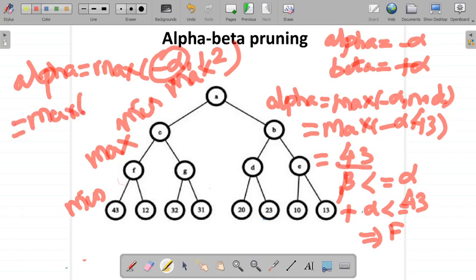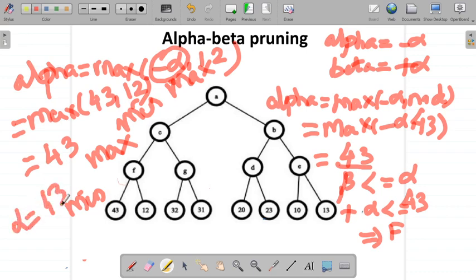So max of 43 comma 12. So which one is maximum here? 43. So the value of alpha is 43. The value of beta is plus infinity currently. At this stage, the value of alpha is 43, beta is plus infinity.